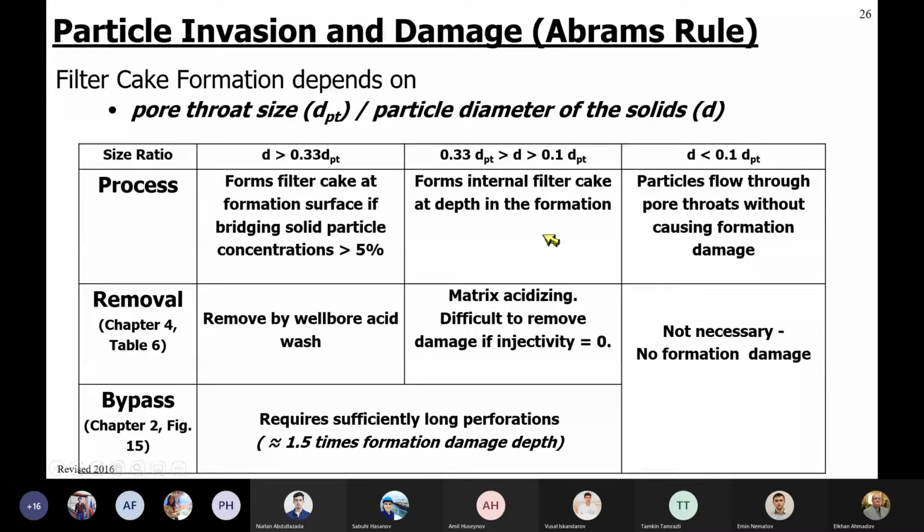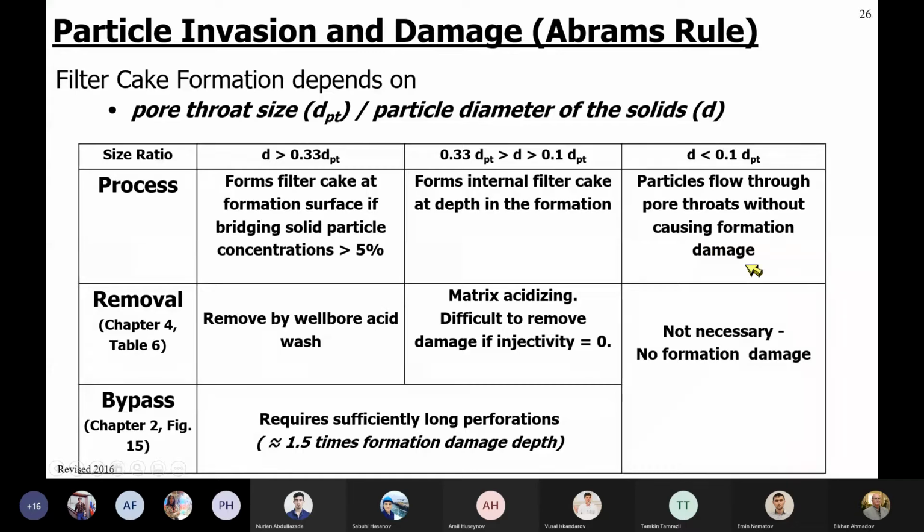And if the particle sizes are too small, then there will be no filter cake, and the particles will go through the pores of the formation without causing formation damage.